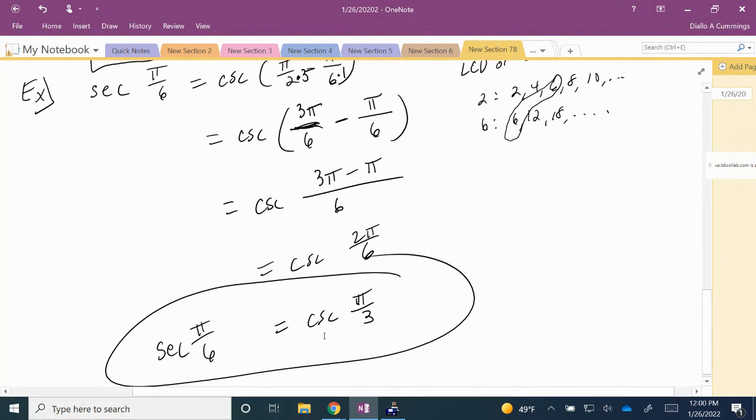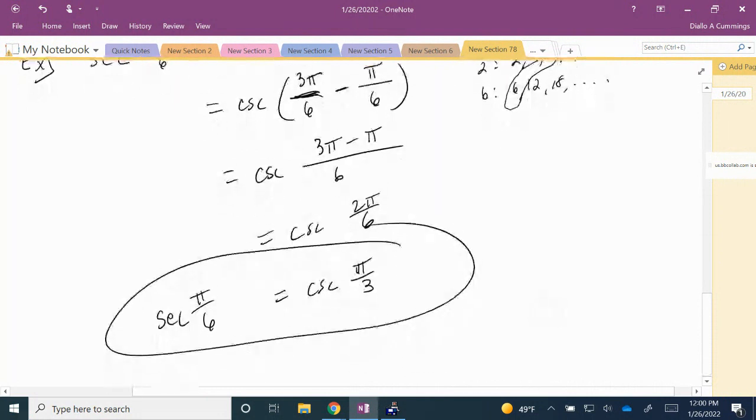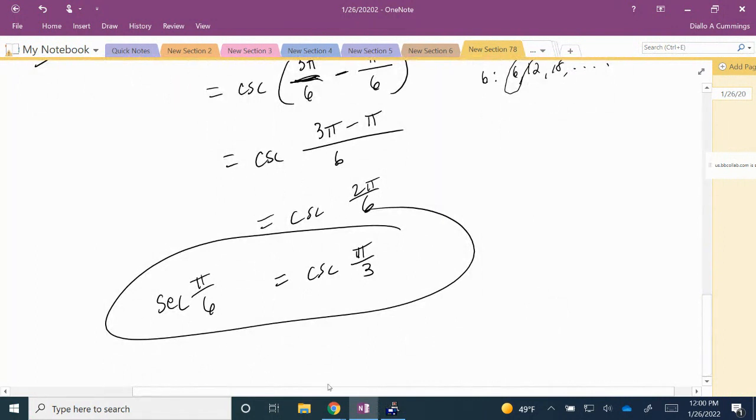You could put in the cosecant of pi over 3 as 1 divided by the sine of pi over 3, to get the values. But that's just to see that both of these things are equivalent. All right, but the cofunction for the secant of pi over 6 would be the cosecant of pi over 3.